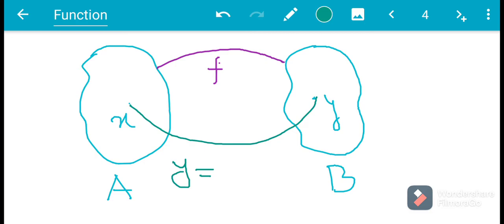Function can give vectors, matrices, and many more things. So I'm not saying it is a number. The idea that it is always a number is a wrong concept.